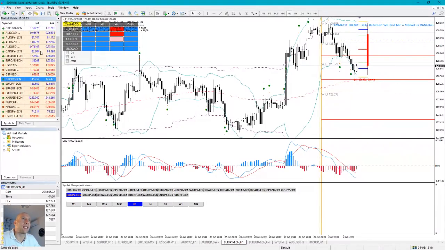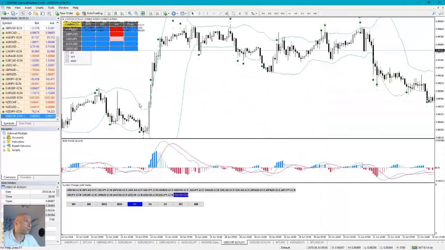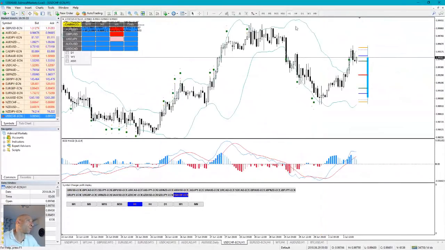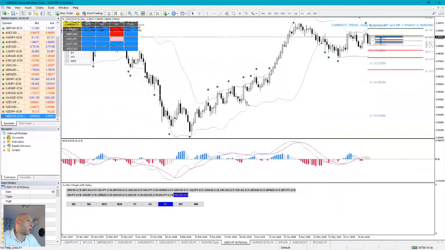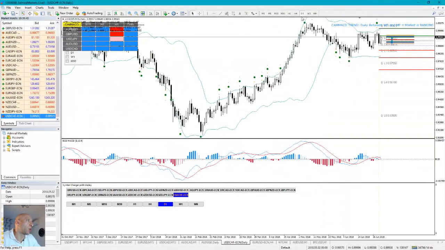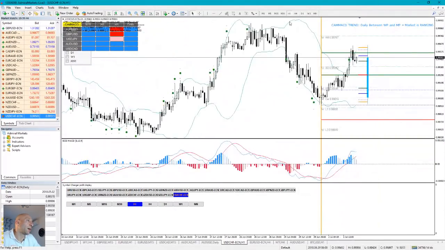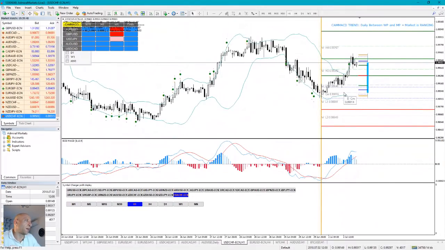And dollar Swissy, also before we call it a day. Not very clear, although bullish, I think. Yes, bullish. It's normal because it's the counterpart of euro dollar. We have a trend line here.